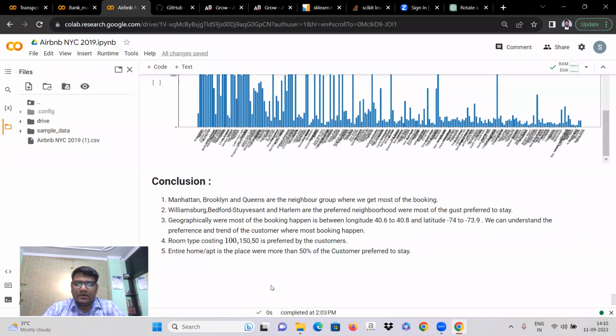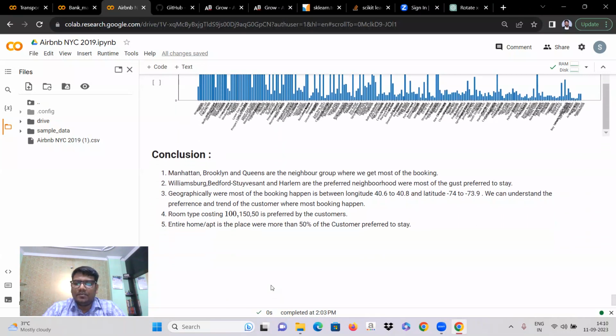So moving further, we get the important insight that Manhattan, Brooklyn, and Queens are the neighborhoods where customers have preferred most to stay, and we got most of the bookings. Williamsburg, Bedford, Harlem are the preferred neighborhoods where most of the guests stayed. The neighborhood has been categorized in two columns.